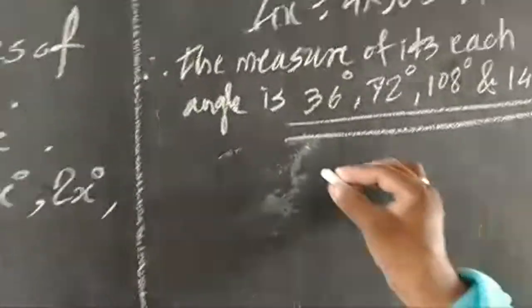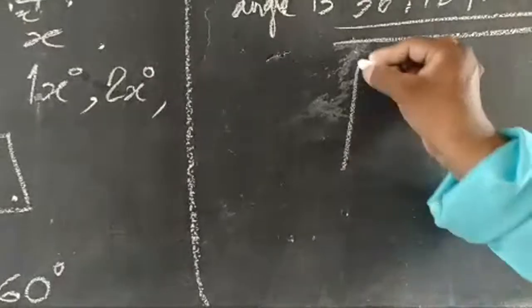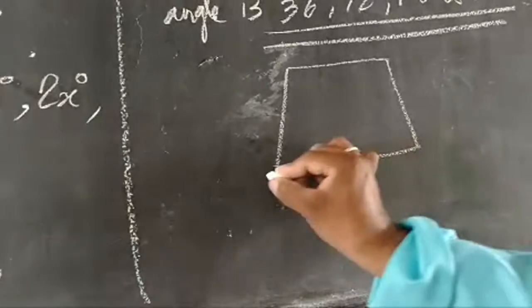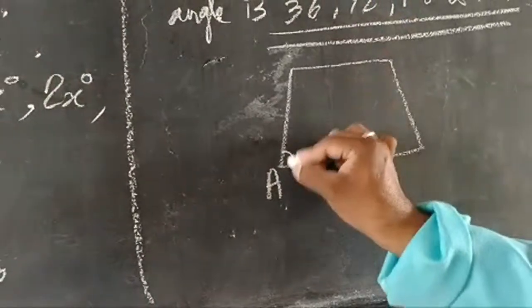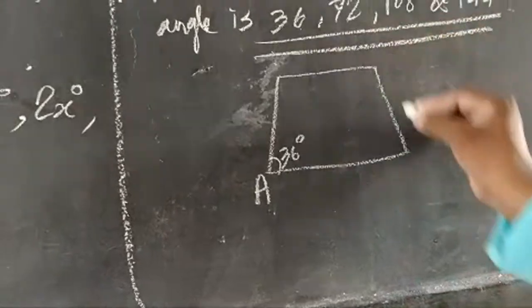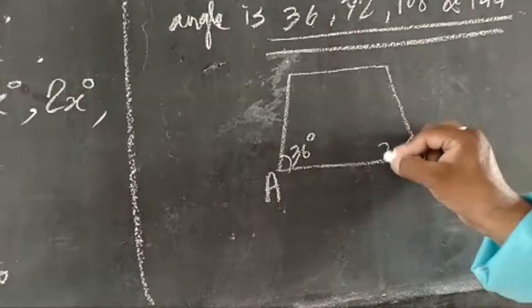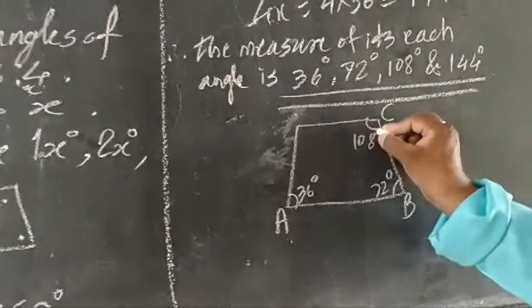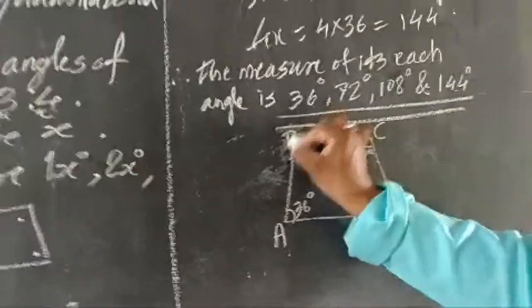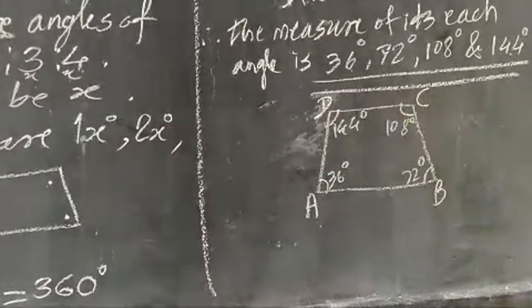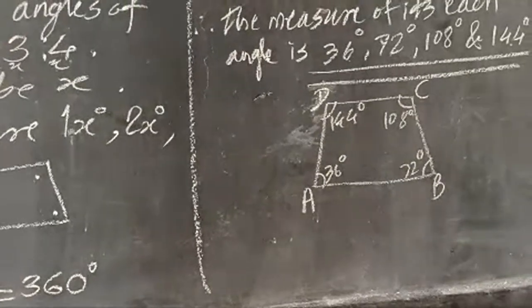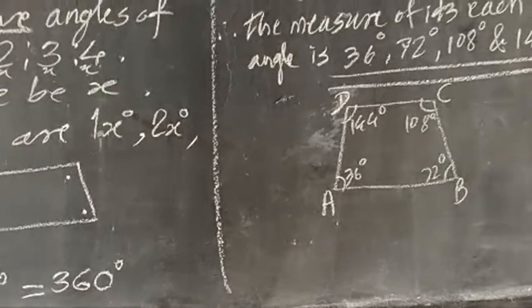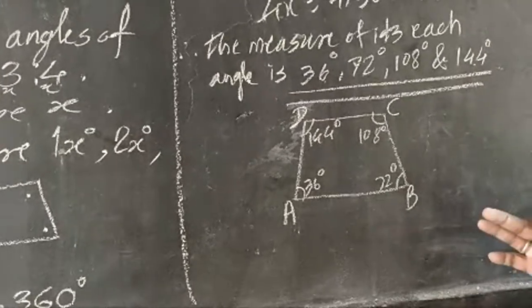Here A is 36 degree, B suppose 72 degree, C suppose 108 degree, and last is D suppose 144 degree. Then we write here the type.